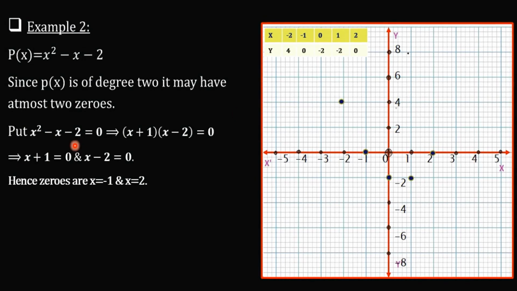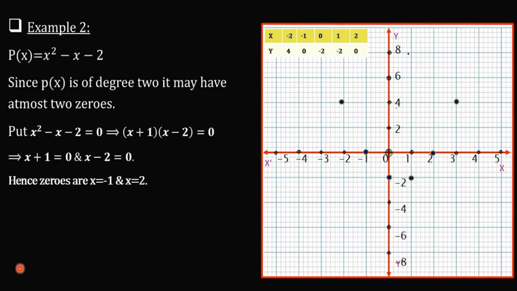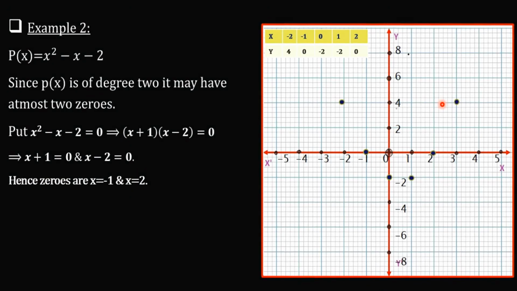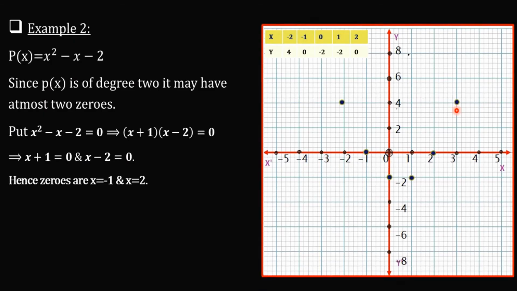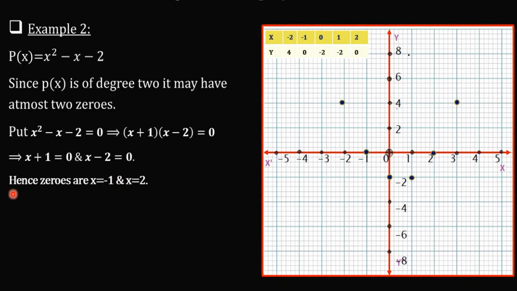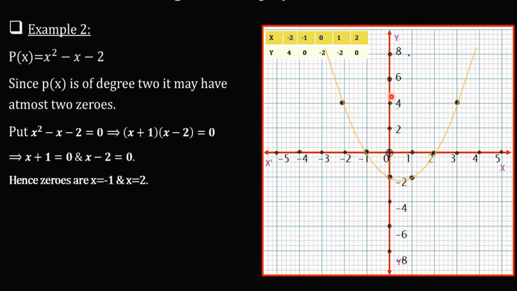Next, we have to draw the graph joining these points. We take another point also here, that is x equal to 3 and y equal to 4.